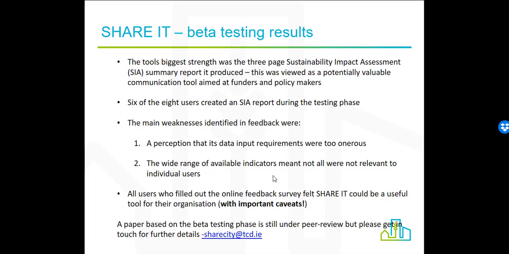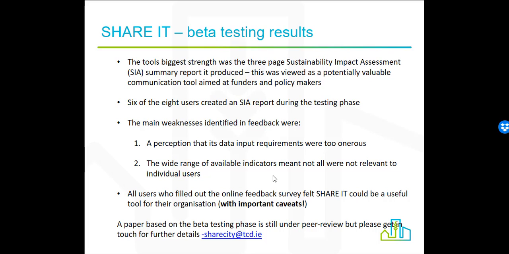And there is real hope that this can become a potentially valuable communication tool aimed at funders, policymakers, generally as part of their reporting infrastructure, to use a tool that gives them a structured sustainability impact report, which is developed specifically for the case of food sharing and the type of activities that they do.